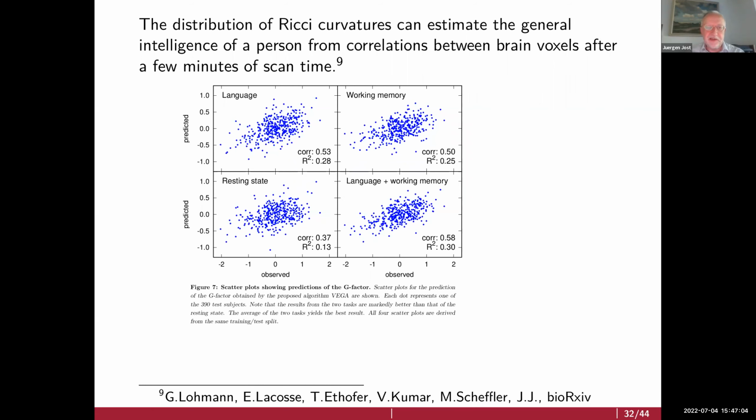If you just look at the resting state and the person doesn't have to do anything, then the correlation is not so good. And that is, of course, not unexpected, because your intelligence can only be seen if you have to solve some task that requires some degree of intelligence. So again, it seems that intelligence depends on a good connection between brain regions, high correlations between activity patterns in different brain regions.